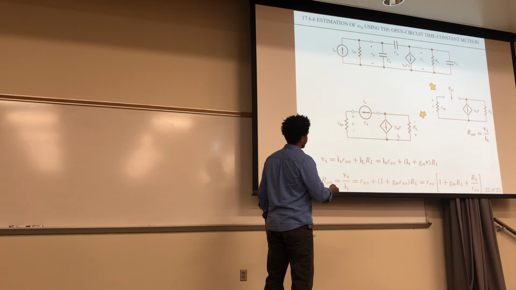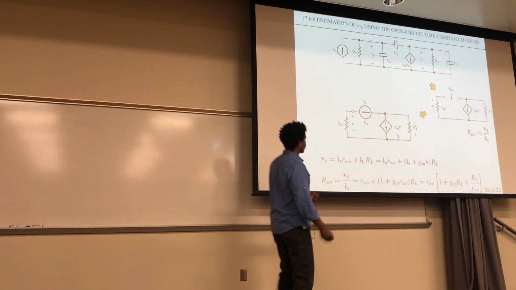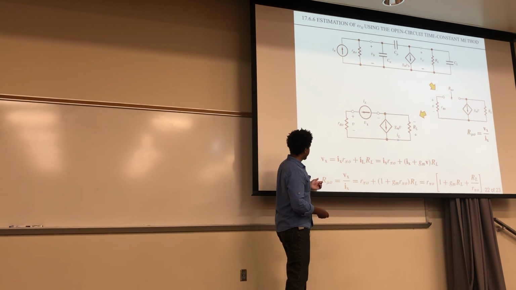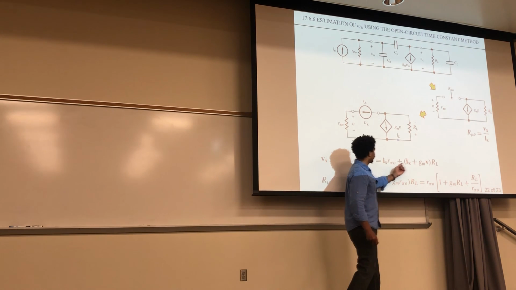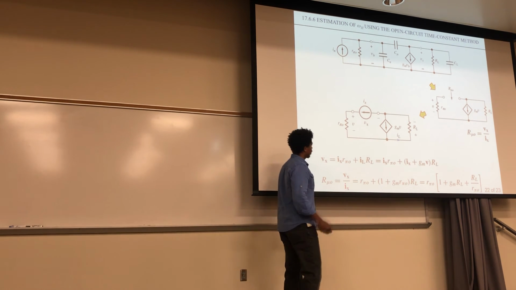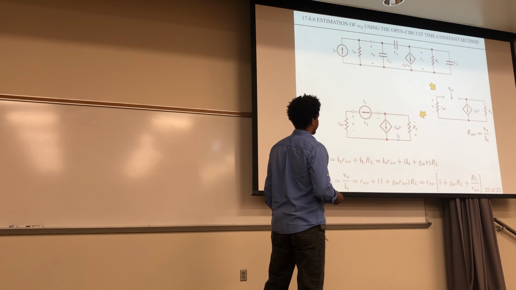So that's just KVL to get that. Plugging this into here, you substitute Vx in there, and then you have this Ix that appears here and here, and you get this expression, and you can reduce it to that right there.